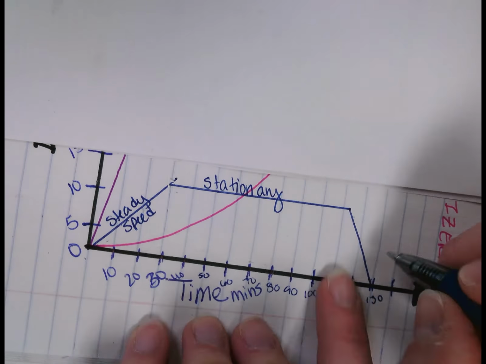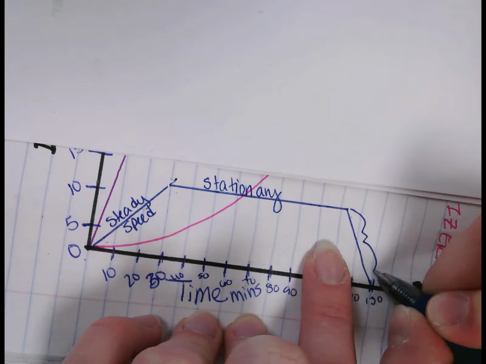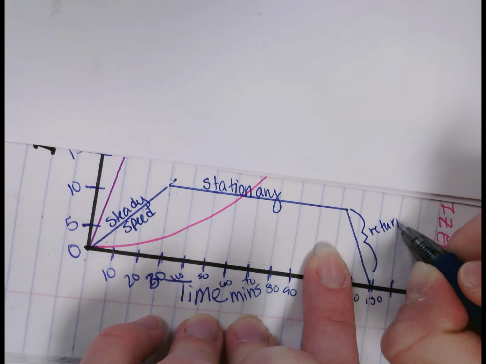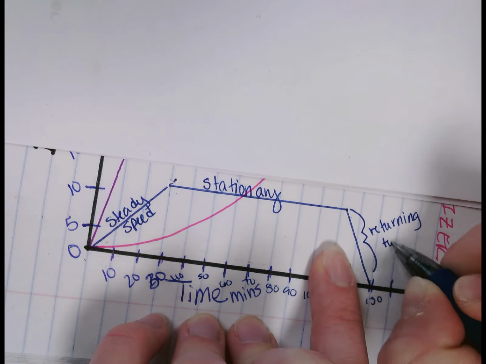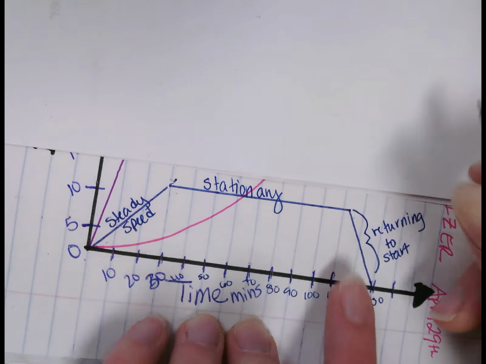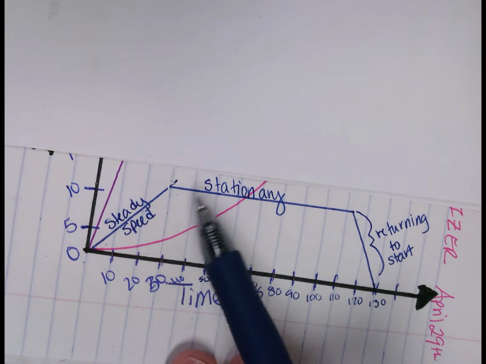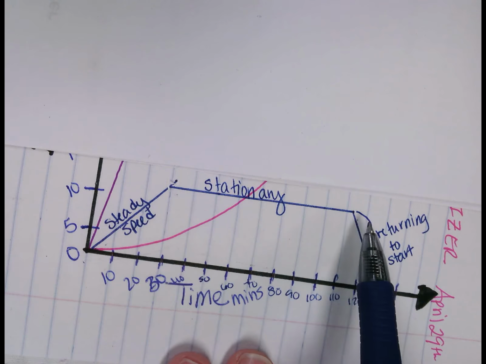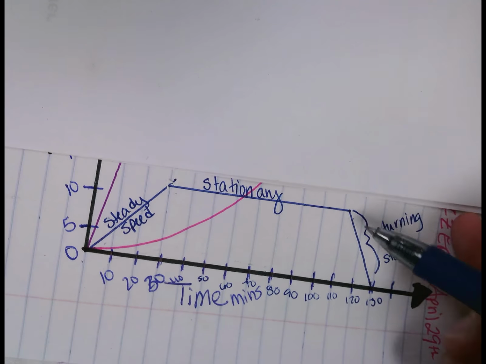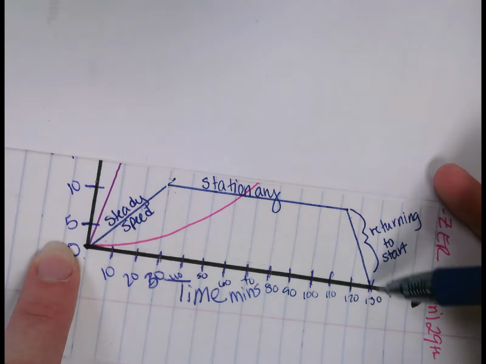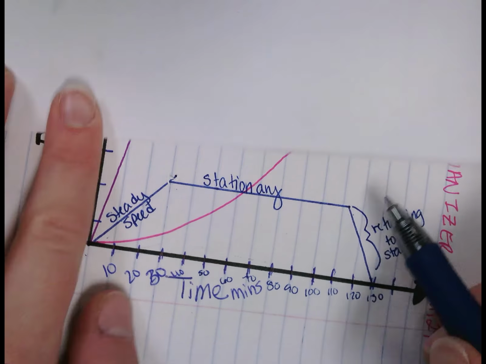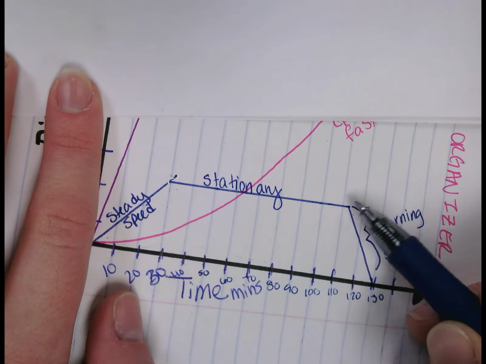Okay? And then this part down here is going to be returning to start. So they left, maybe they went to a restaurant, they parked their car, they're waiting, and now they're heading back home because their distance is going right back to where it was. Now, if it was an increasing line, they're continuing on.